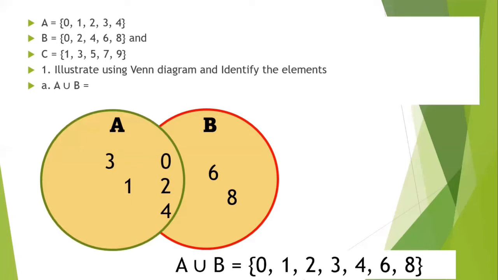And then, we are going to have the next illustration. As you can see, how many circles we're going to have here on the second task? We need 3 circles. 3 circles dahil meron tayong 3 sets.